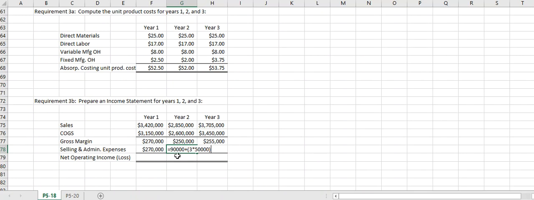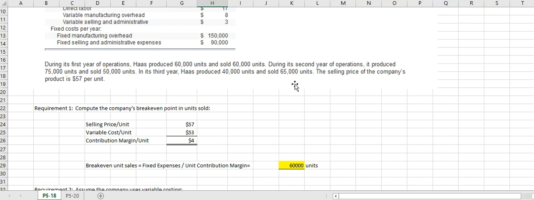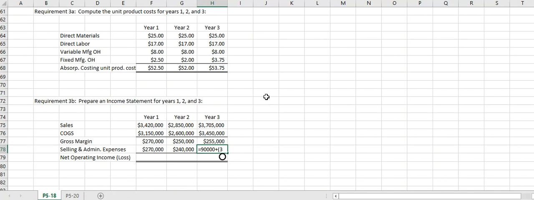So there's our formula for that. 90,000 plus 3 times 50,000 is 240,000. Same thing over here. We're going to take the 90,000 and add to that 3 times 65,000. That was the units sold. I got one too many zeros. All right, so there's my formula for that. 90,000 plus 3 times 65,000 is $285,000 in selling and administrative.